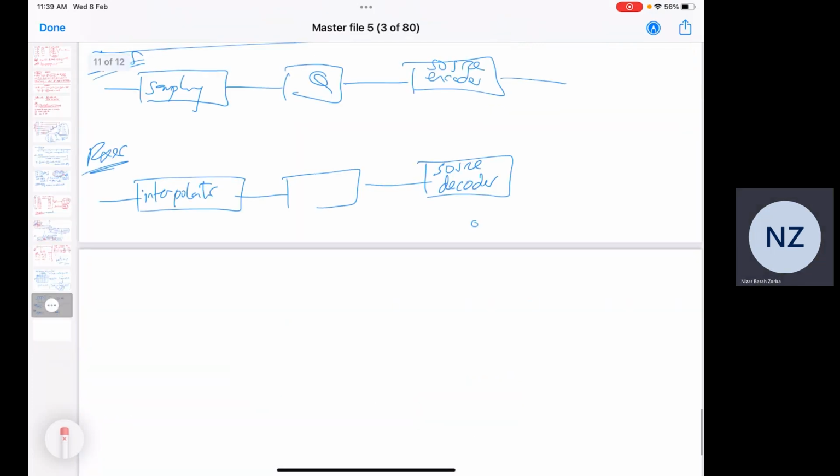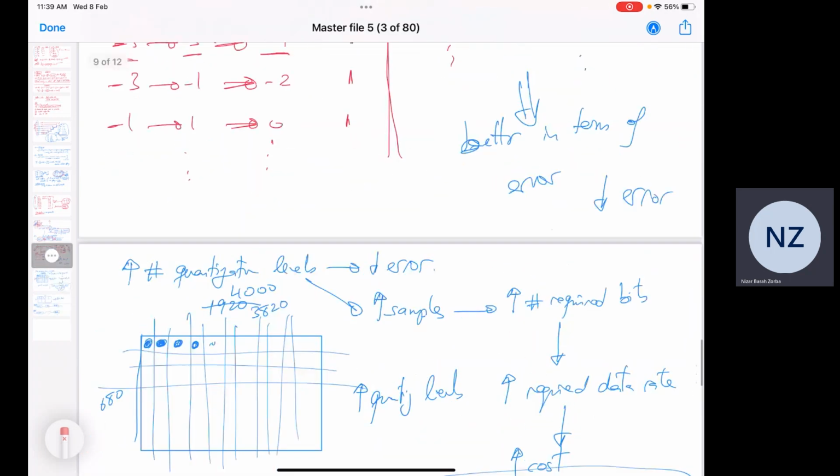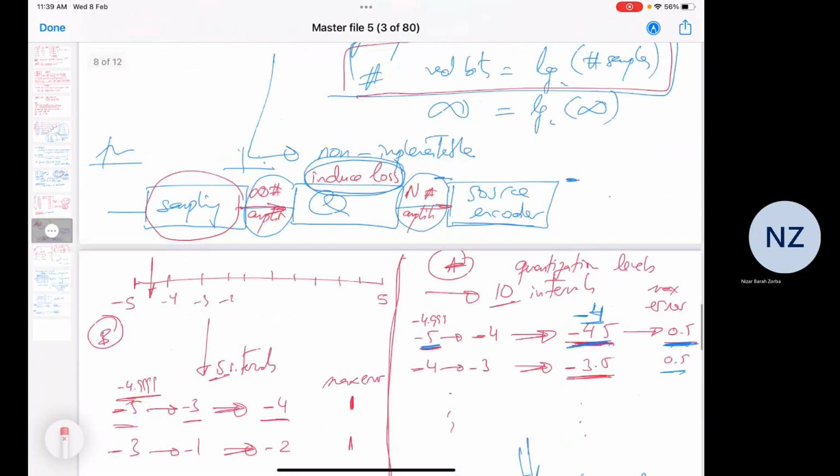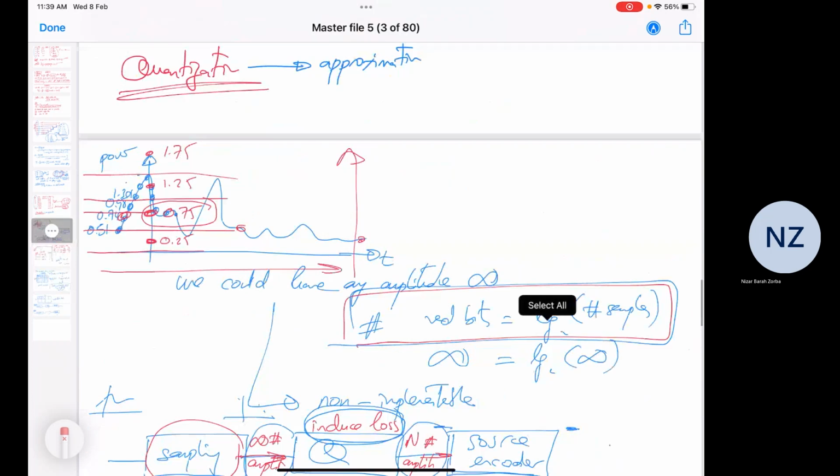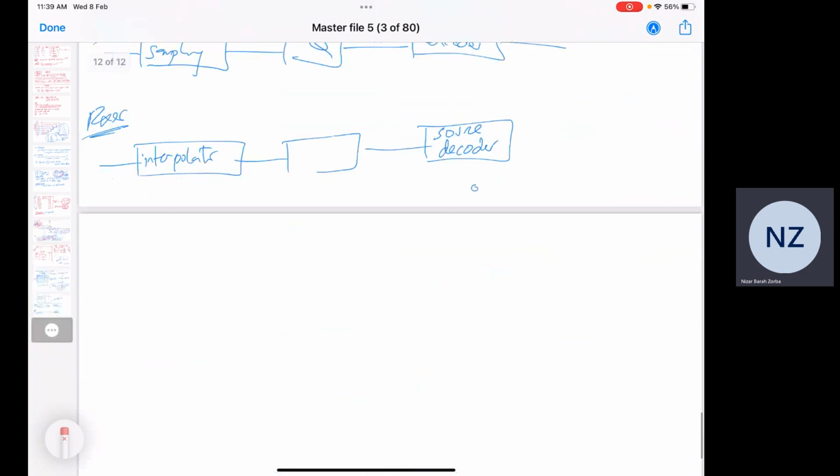Whenever you have, at the transmitter, what is the example that I put here? It was 0.51. Good. So 0.51 you quantize to be 0.75, because here all the values from 0.5 to 1 we will quantize to be 0.75.